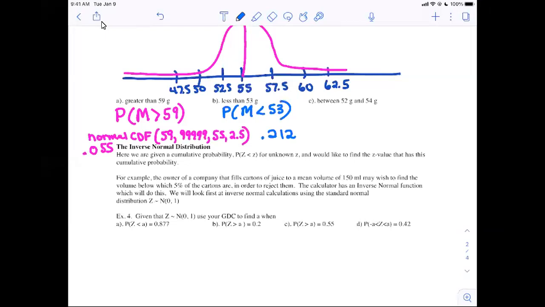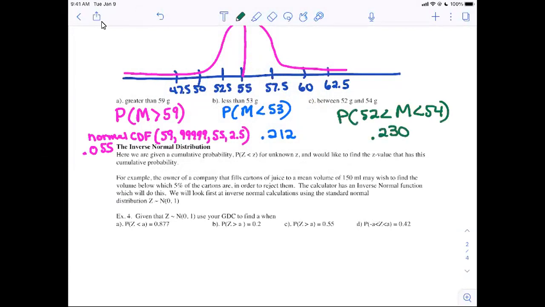All right, for part B, did you get 0.212? Awesome. All right, keep going. For C, did you get 0.230?